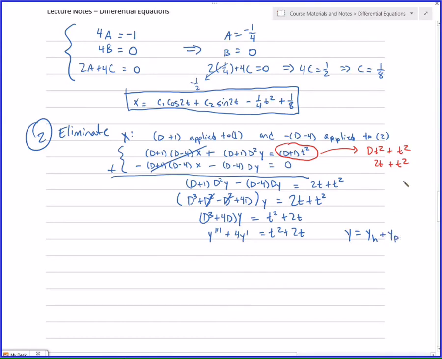We're going to have to use method of undetermined coefficients again. Okay, so for the homogeneous, what's your characteristic polynomial? m cubed plus 4m equals 0. So m times m squared plus 4, you can factor that out.